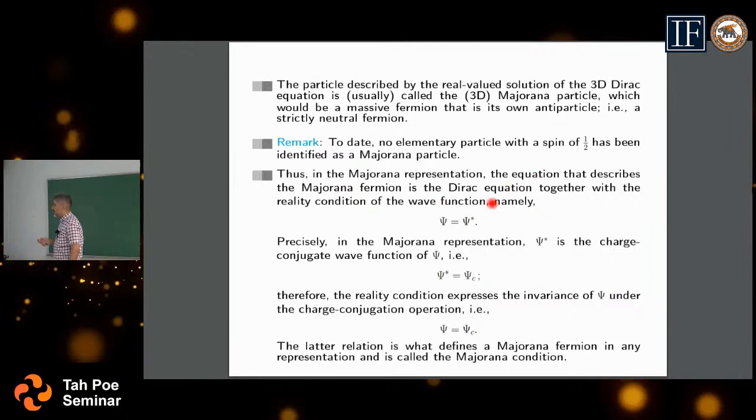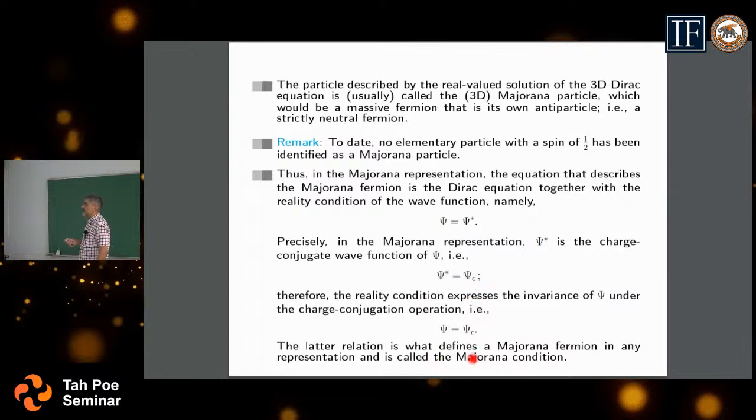In the Majorana representation, the solution is real, as I told you. In the Majorana representation, this is true: the charge conjugate wave function is equal to C asterisk, just in the Majorana representation. So this is equal to this. So this is the condition that defines a Majorana particle.